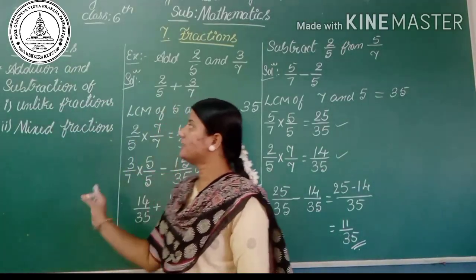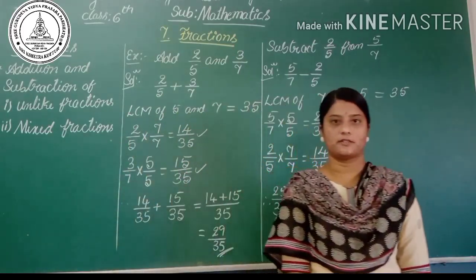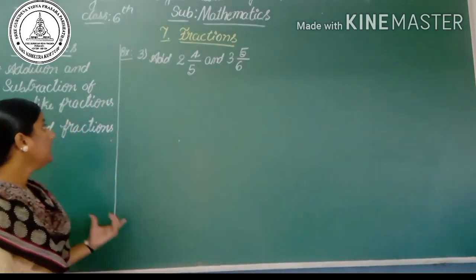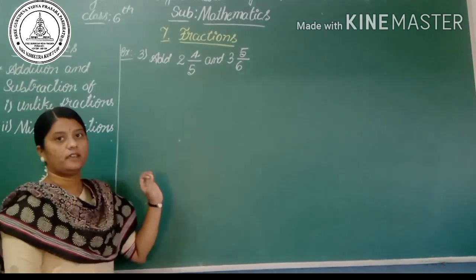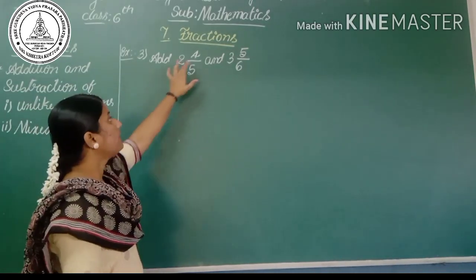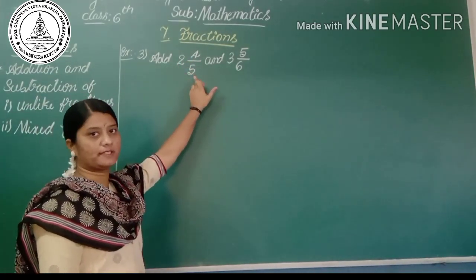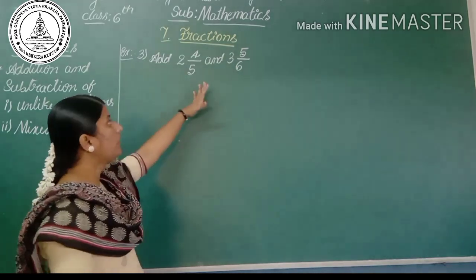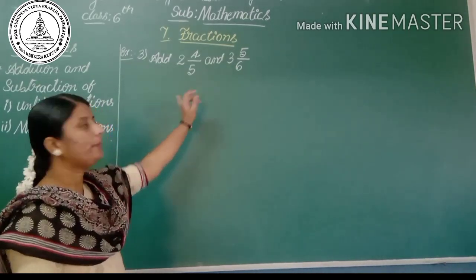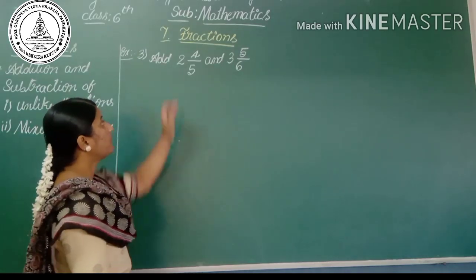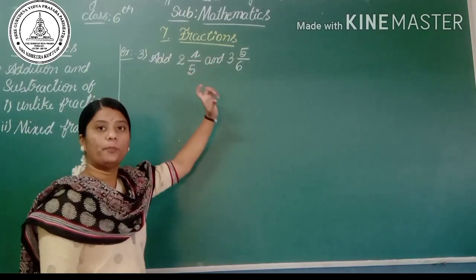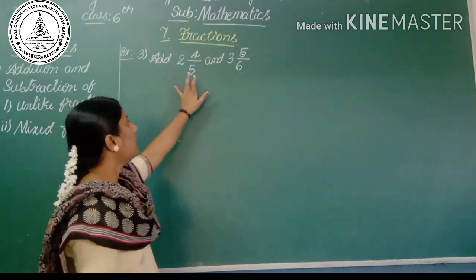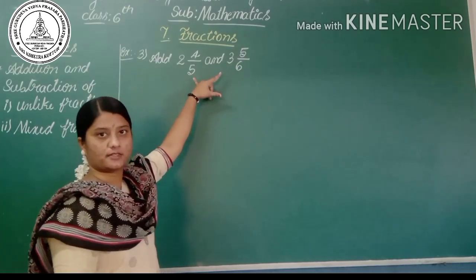Let's see the addition and subtraction of mixed fractions. First, the addition of mixed fractions. A mixed fraction means a whole number with a proper fraction. How can we add two mixed fractions? First we add the whole parts of both fractions, and then we add the proper fractions.